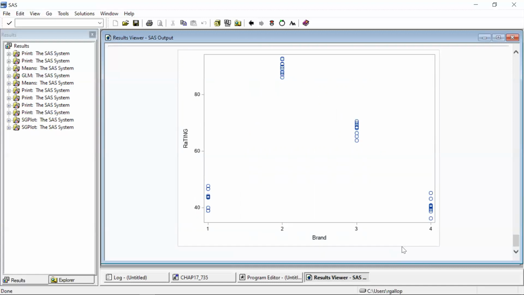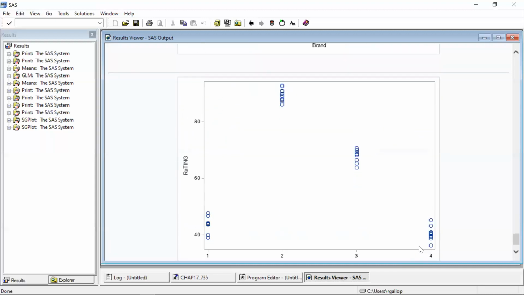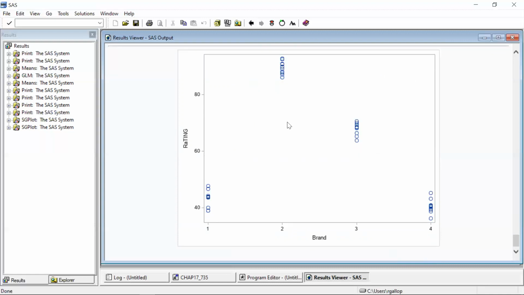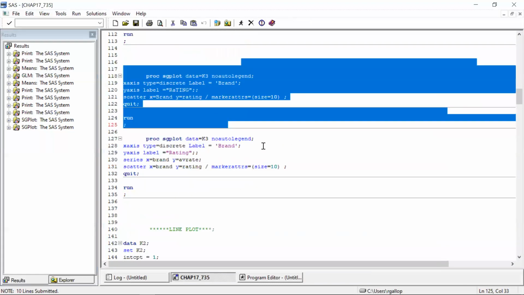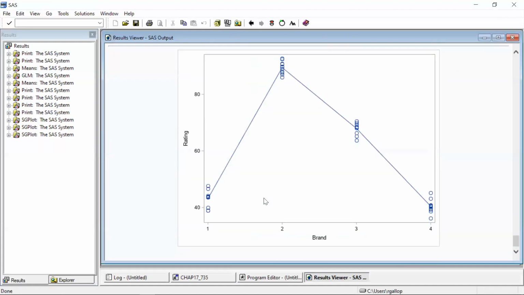Those 3 things are the knowledge of the mean, which is this figure, knowledge of the variance, which is basically this figure here. But in reality, it's better to know all 3. So creating this overlay, which I think is the better figure.